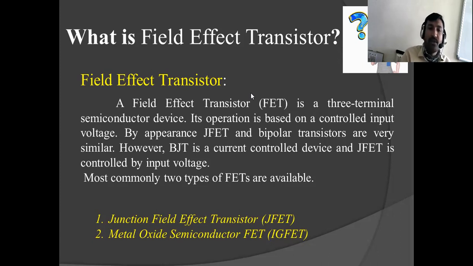BJT is a current controlled device, whereas FET is controlled by input voltage. Most commonly there are two types of FET available. First one is JFET, junction field effect transistor, and second is MOSFET, metal oxide semiconductor field effect transistor.